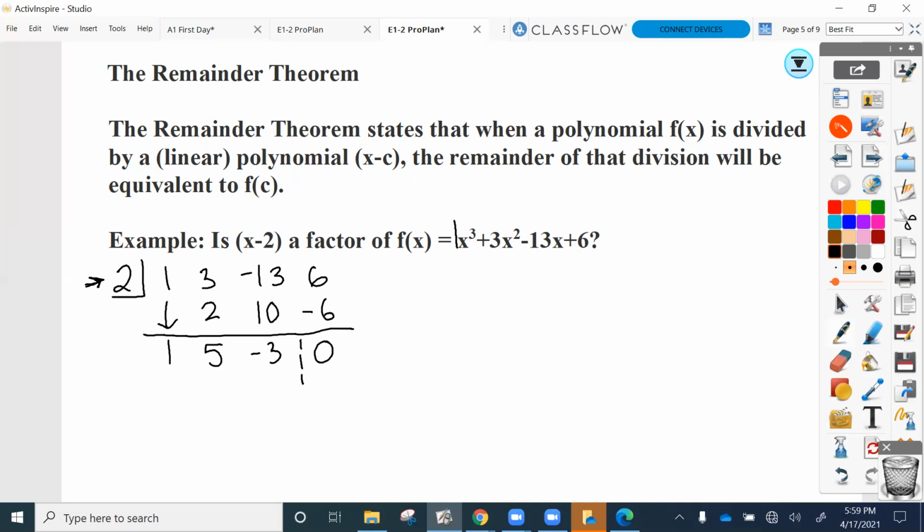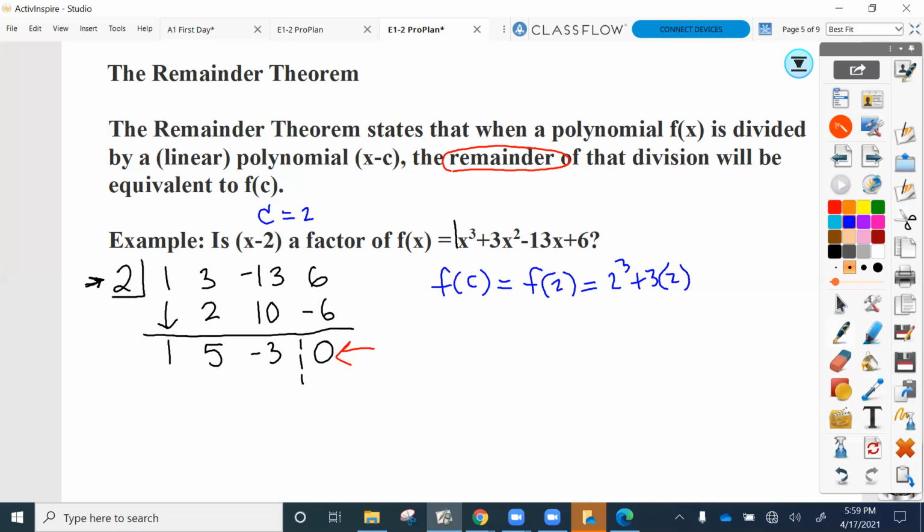Now, we said that here's your remainder, right? The remainder of that division is going to be equal to f of whatever c was, like we did in the last example. So if we do f of c, and our c value is equal to positive 2, if we do f of 2, just like from the last example, we know that f of 2 is equal to 2 cubed plus 3 times 2 squared minus 13 times 2 plus 6.